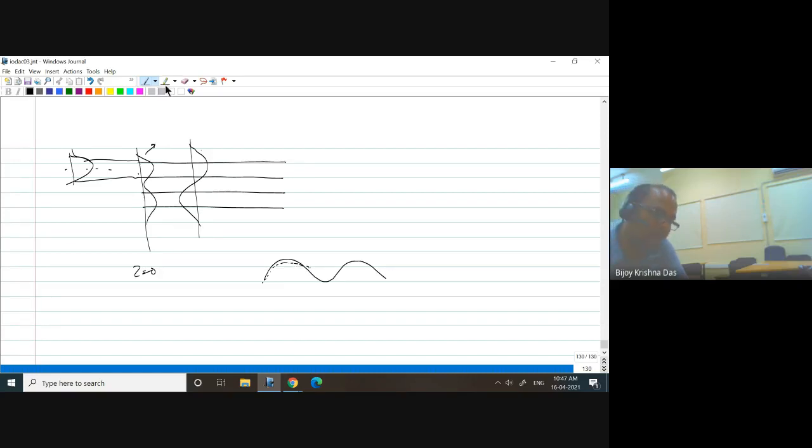I made a mistake here. So you have a symmetric mode, which means this is your positive value, right? And the antisymmetric mode, maybe I can change color, something like this.